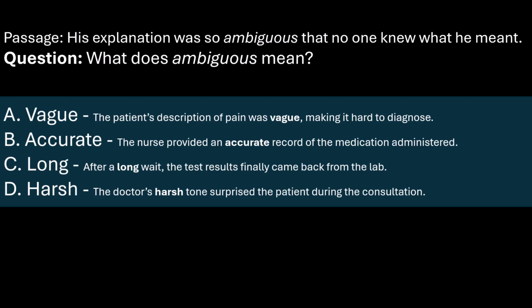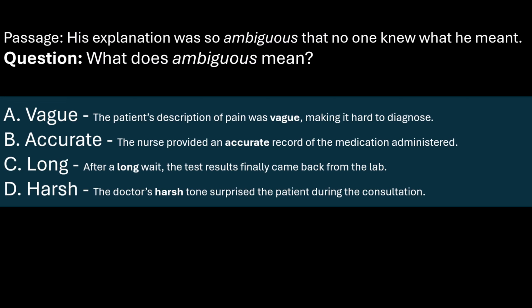Vague, the patient description of pain was vague, making it hard to diagnose. Accurate, the nurse provided an accurate record of the medication administered. Long, after a long wait, the test result finally came back from the lab. Harsh, the doctor's harsh tone surprised the patient during the consultation.